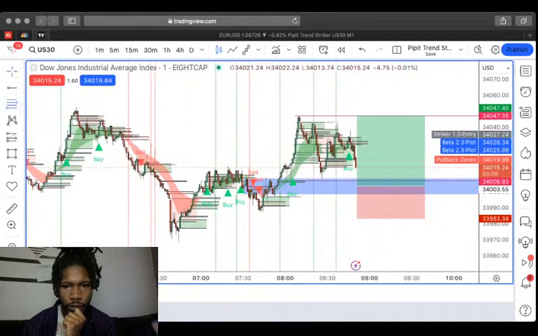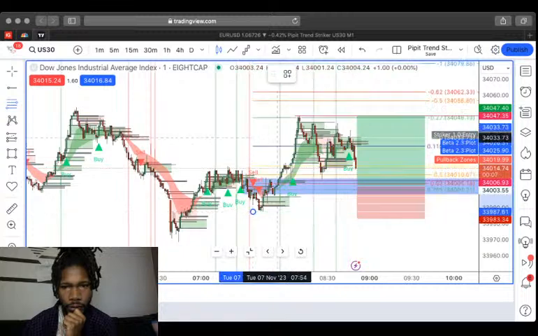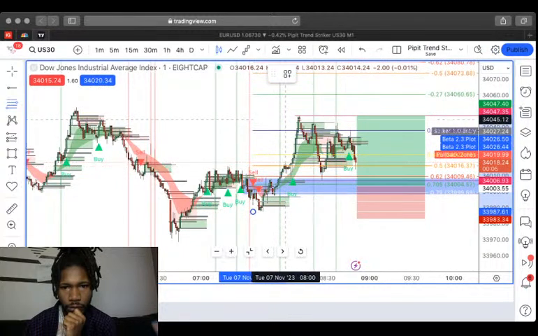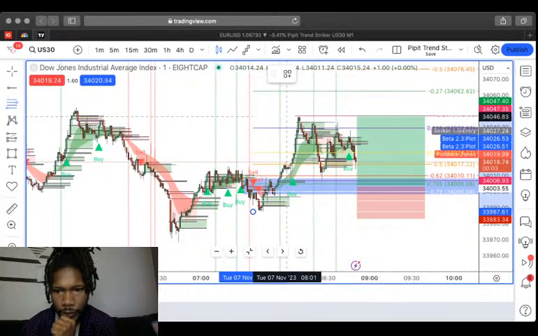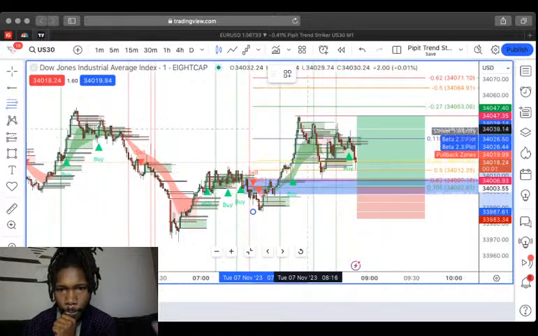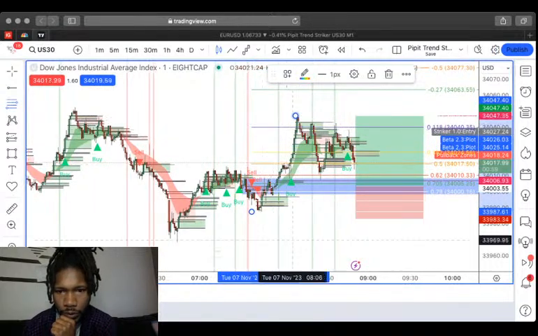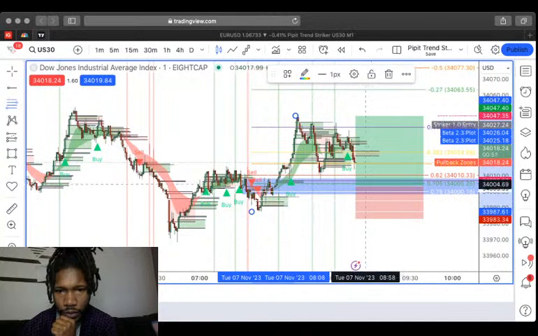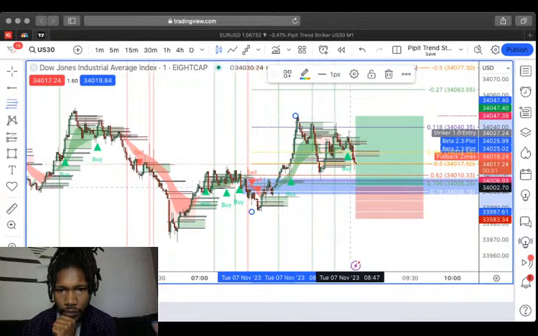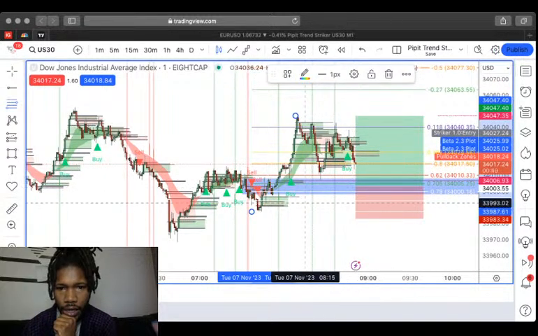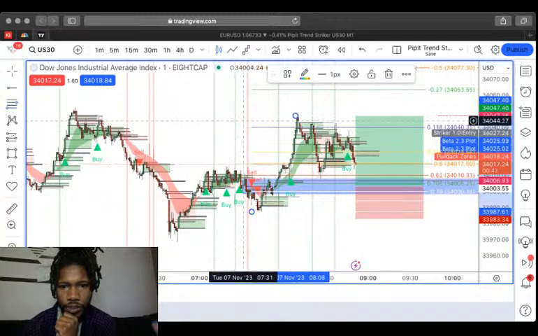Flip the fibs. Got the entry around the 707 level. I like that. It might pull into the 618 or whatever, but yeah, I like that entry actually.